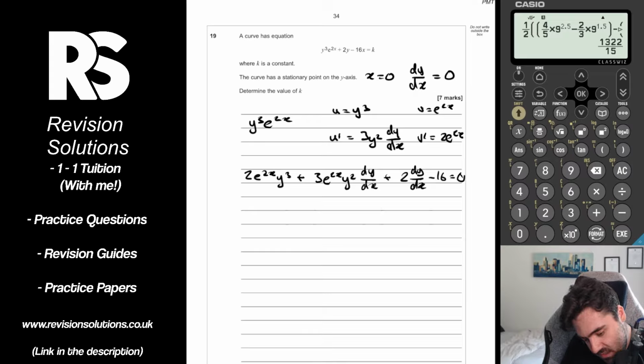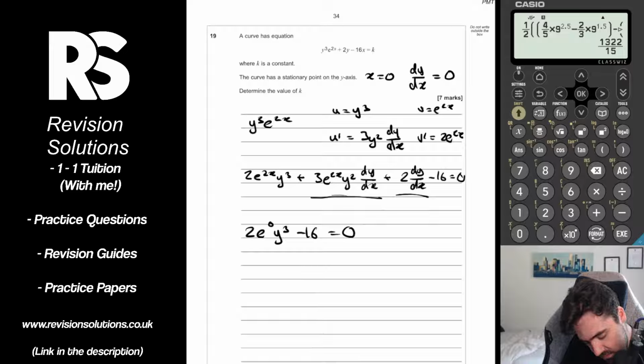If we plug in x equals 0 and dy by dx equals 0, well, that's going to make all the dy by dx terms vanish. So these will come to nothing, and it would just be this guy here. And the x would be 0, so it would be 2e to the 0 times y cubed minus 16 equals 0.